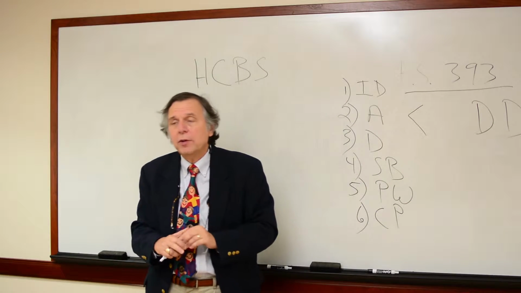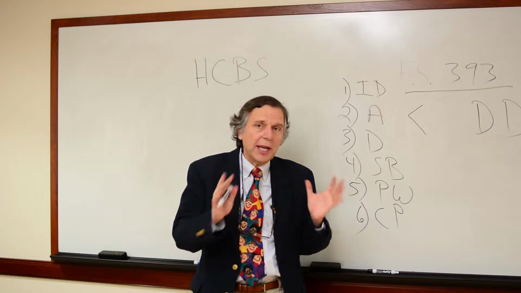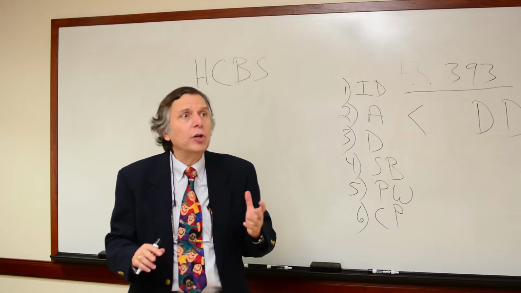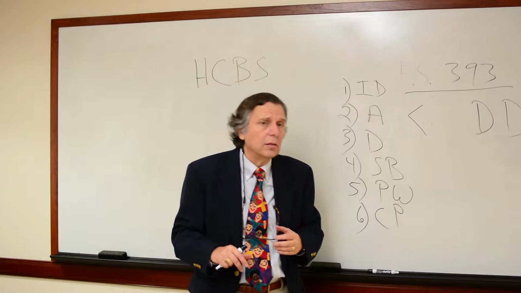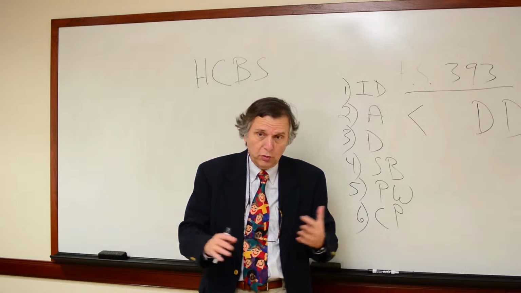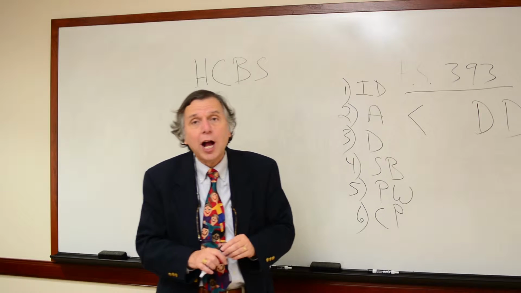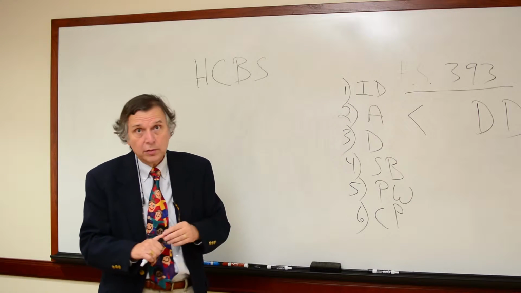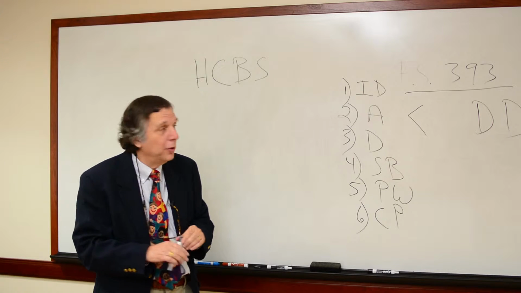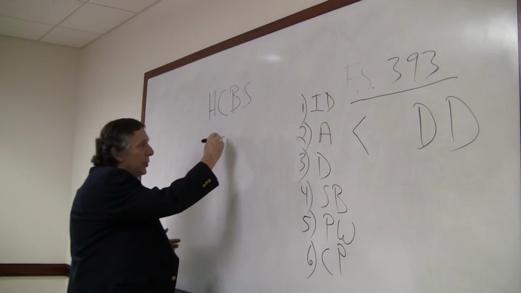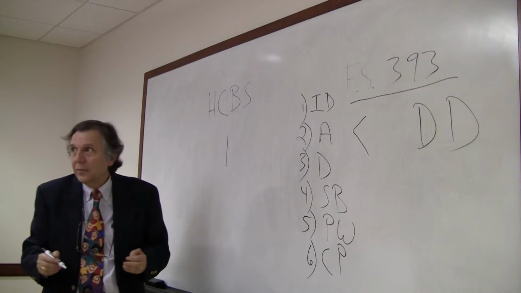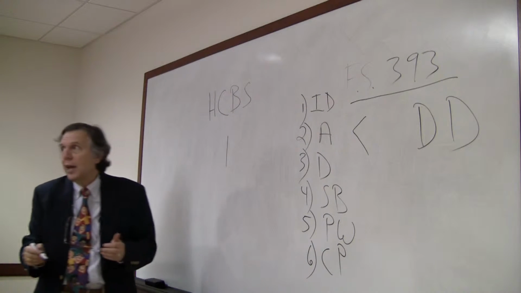Right now in Florida, just to get a better understanding of this waiver, there are roughly 30,000 what I call consumers who are on the DD waiver. We're the third largest state in the union, California, Texas, and Florida.